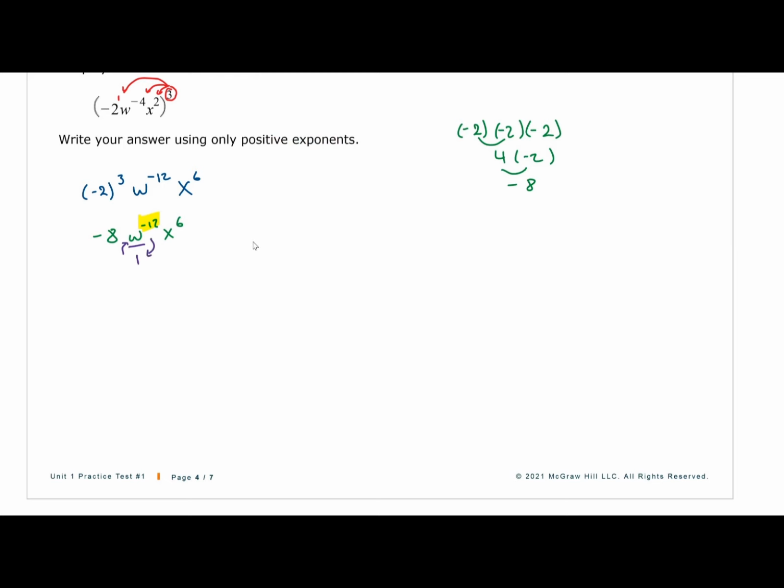So w from the top will go down to the denominator. You end up with negative 8 x to the 6 with w staying at the bottom with a positive exponent. So after you flip the negative exponent, it will turn into positive. And that's it for number 20.